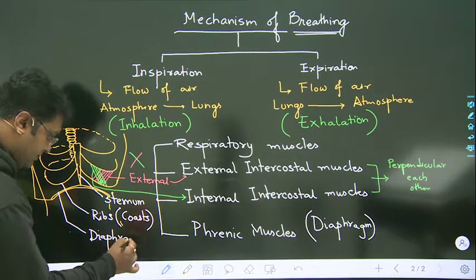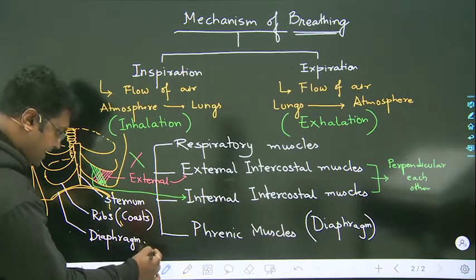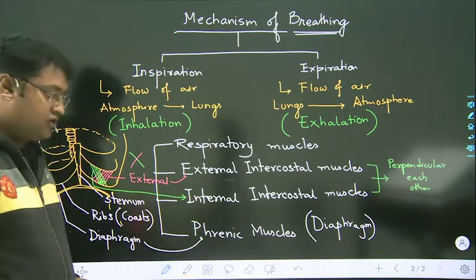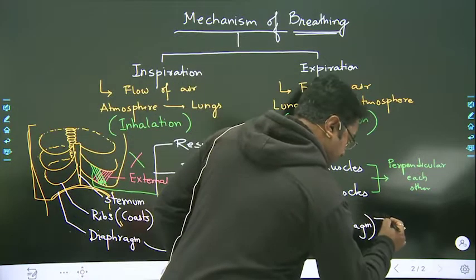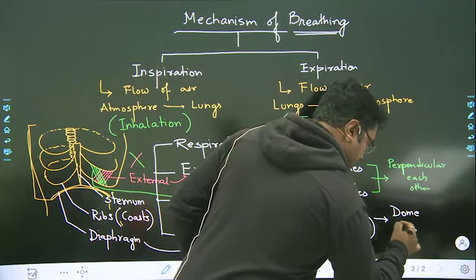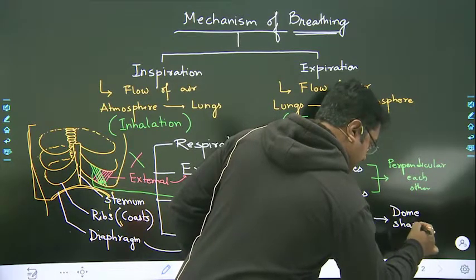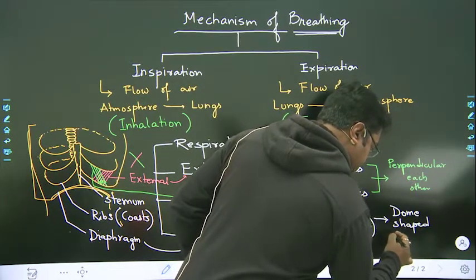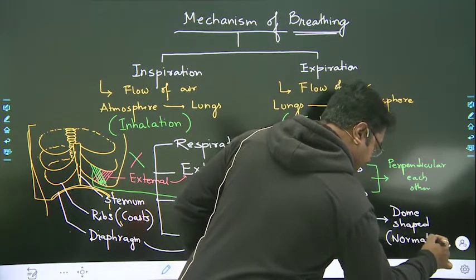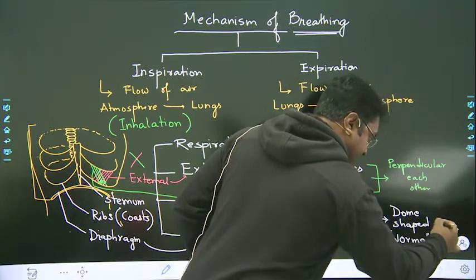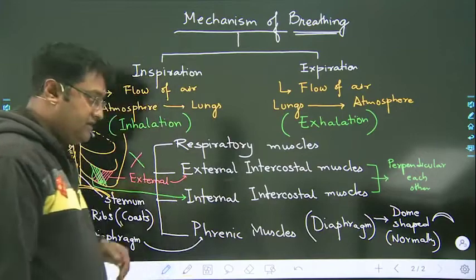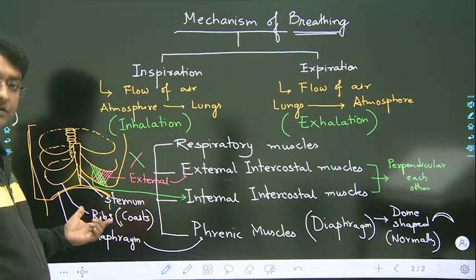This is your diaphragm, and this diaphragm consists of the phrenic muscles. Normally this diaphragm is dome shaped. Clear? That shape is called dome shaped. It is the normal structure of the lungs.